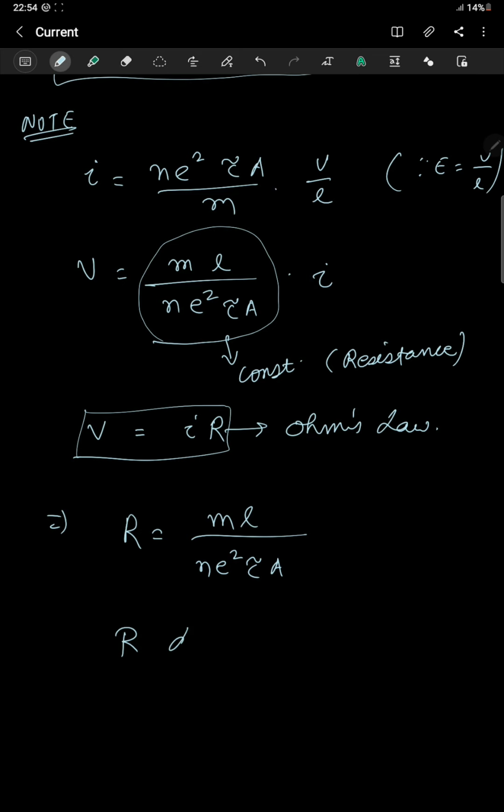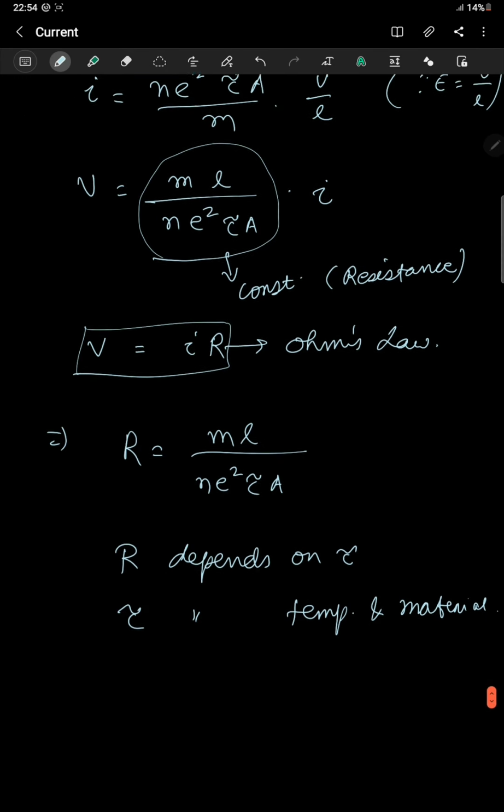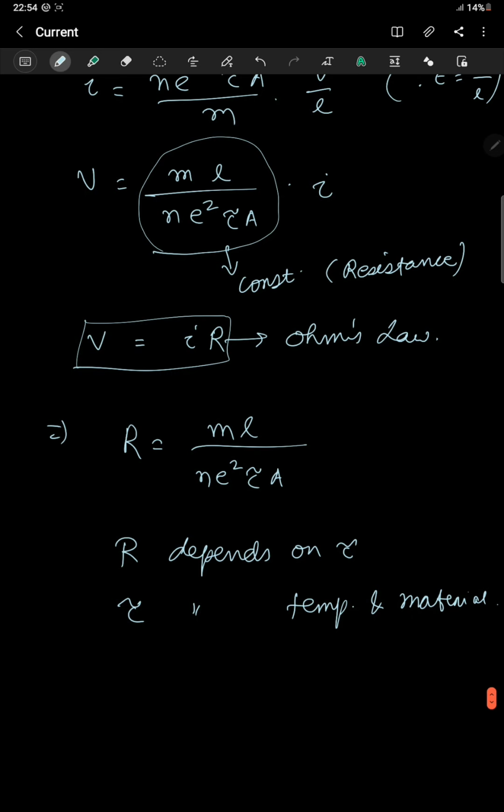It depends on tau. And tau depends on whom? Tau depends on temperature and material. So this is one of the very important outcomes from this derivation.